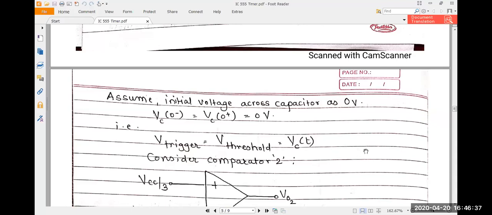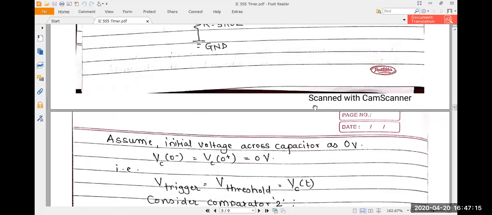That is the reason why this particular circuit is called an astable multivibrator, because astable means both the states are not stable, they are quasi-stable. Quasi-stable is temporarily stable. They are not stable for a longer time, they are stable for a very short time, and that is the reason why this circuit is called an astable multivibrator. Now we'll analyze the circuit.